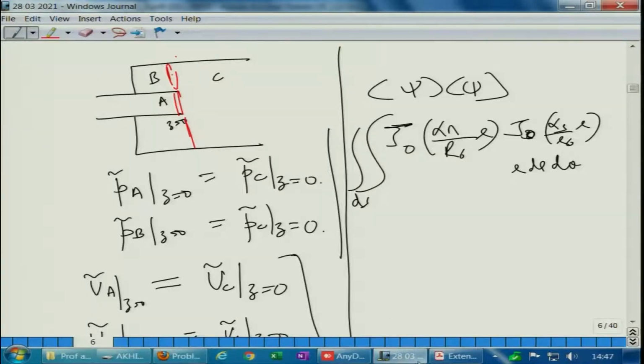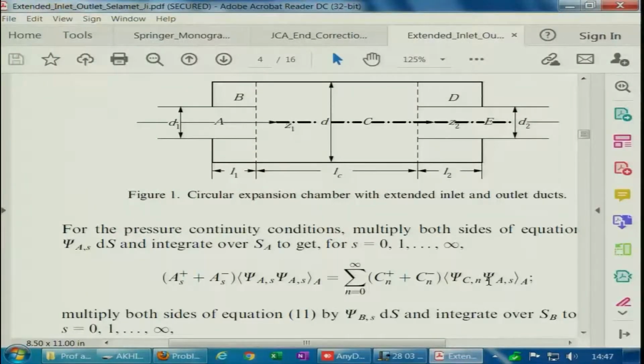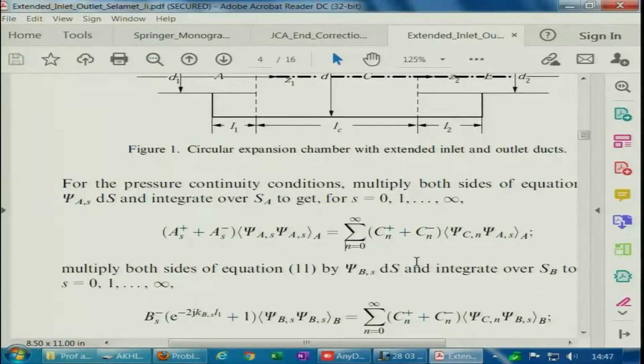Basically, we multiply this by this thing, and then only this mode will survive here, as I was mentioning, and here we have summation over the entire thing.